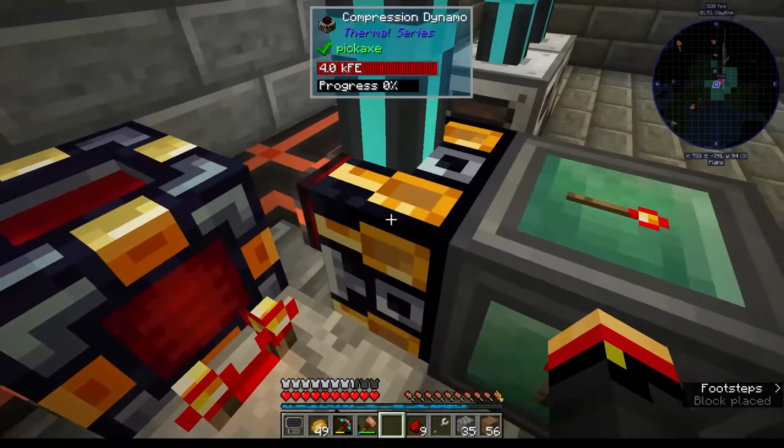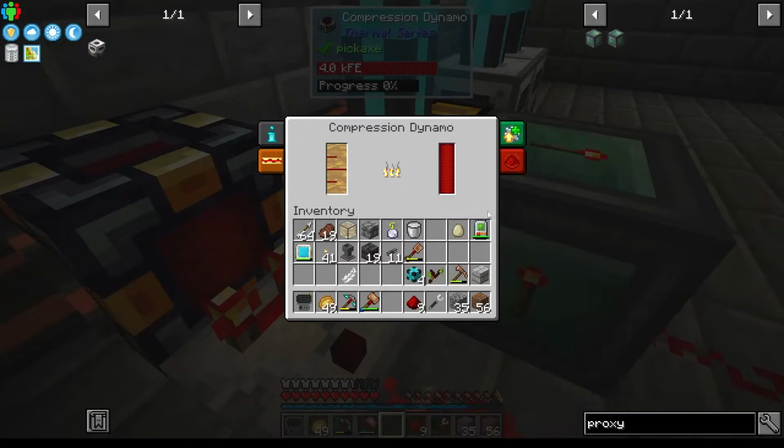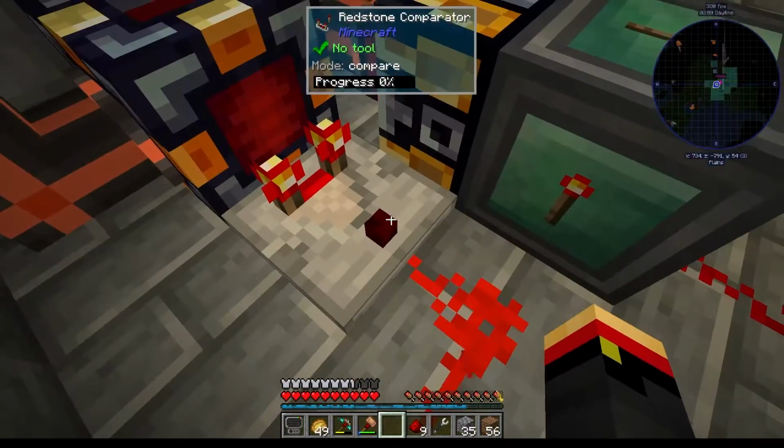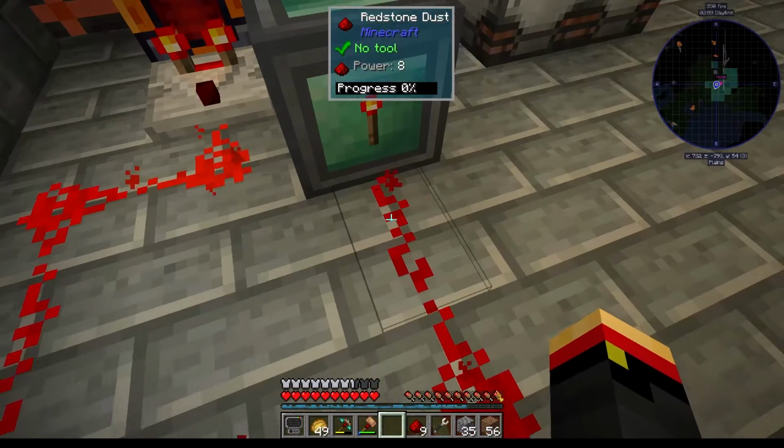And then this goes into this block, but it does not power this guy because... Oh no, it does. He is running. Okay, that's not quite what I want, though. I think we want a NOT gate here as well.